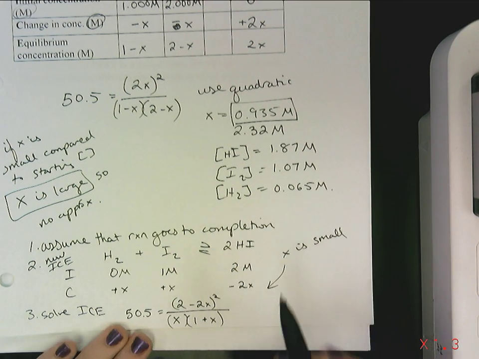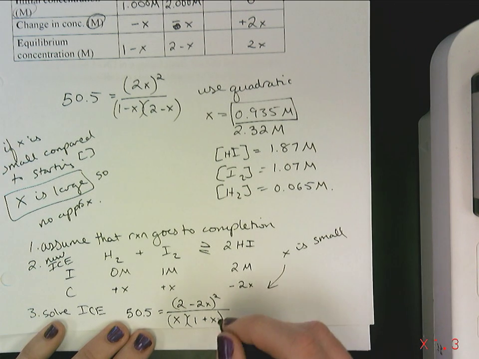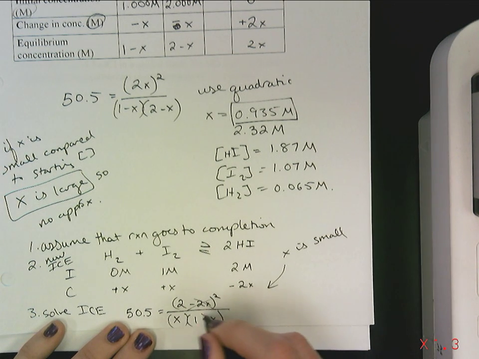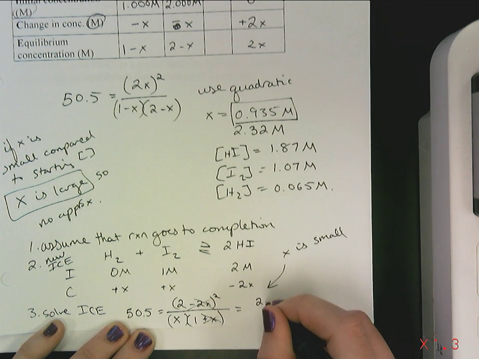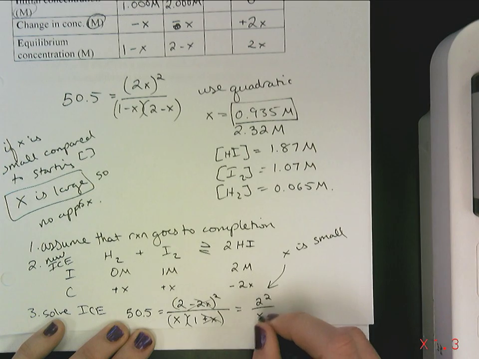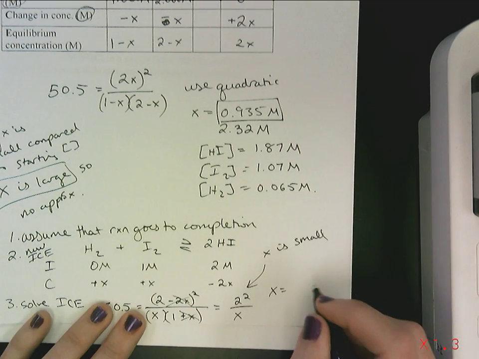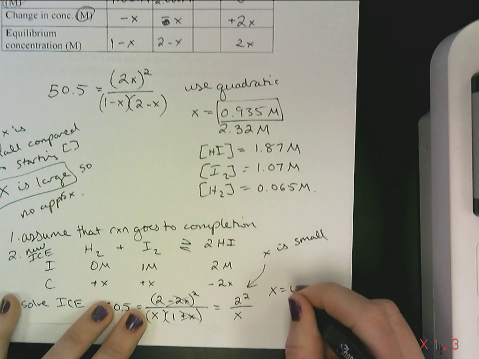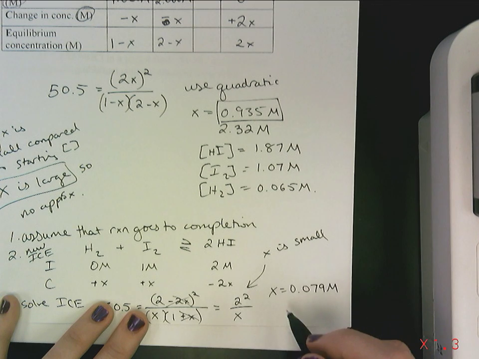All right, so in this case, x is small, so I will get rid of all of the added and subtracted terms of x and rewrite this as 50.5 equals 2 squared over x. Okay, in that case, when I solve for x, I get 0.079 molar.